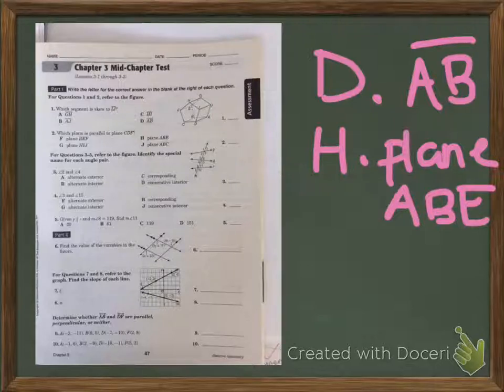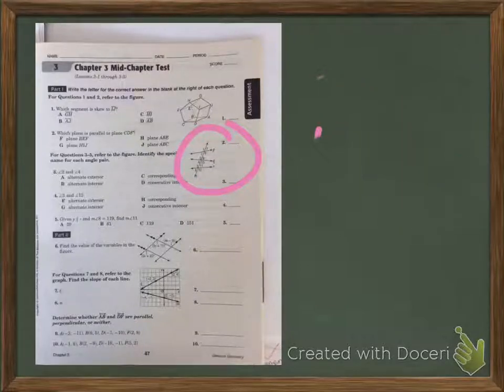Now the next 3 questions all relate to this diagram. If we look at that closer, we're going to answer those questions based on the diagram. So if we look at angles 2 and 4, and I've made this a little bit larger, we need to know the relationship for angles 2 and 4.